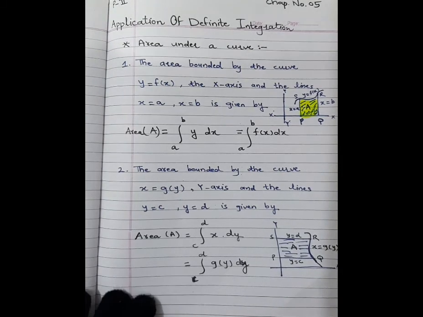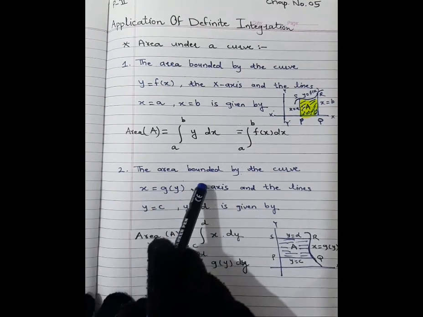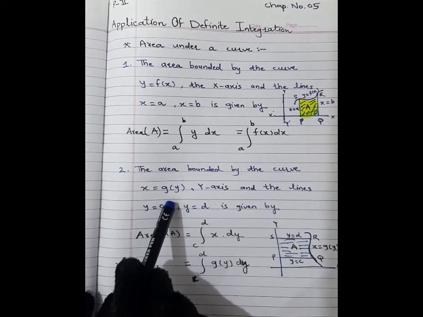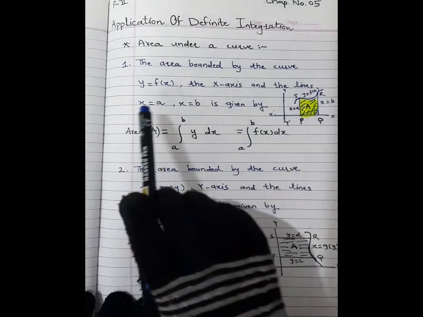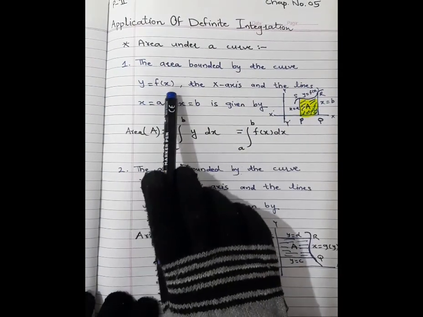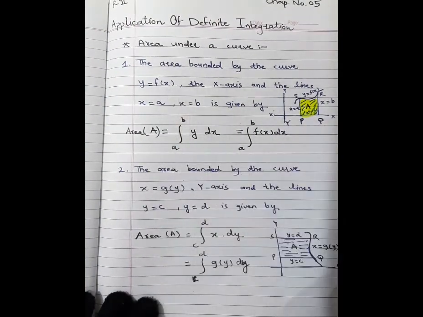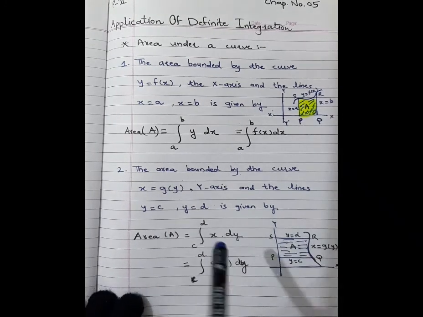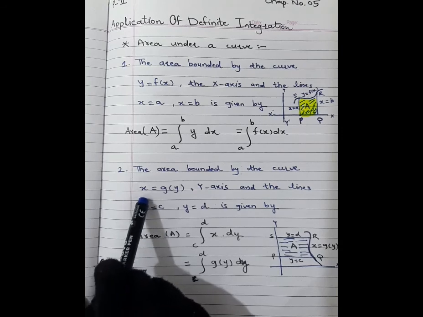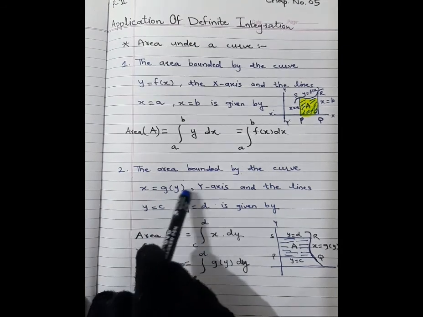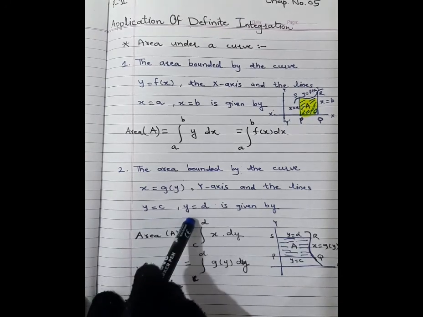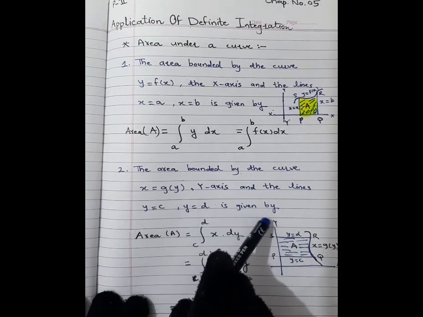Similarly, we'll find the area bounded by the curve x is equal to g of y. Previously, the area bounded by the curve y is equal to f of x meant the function was given in terms of x. And here, given x is equal to g of y, the y-axis and the lines y is equal to c, y is equal to d, the area is given by.